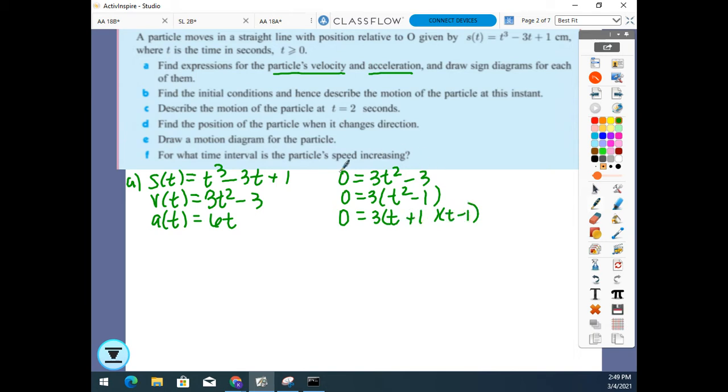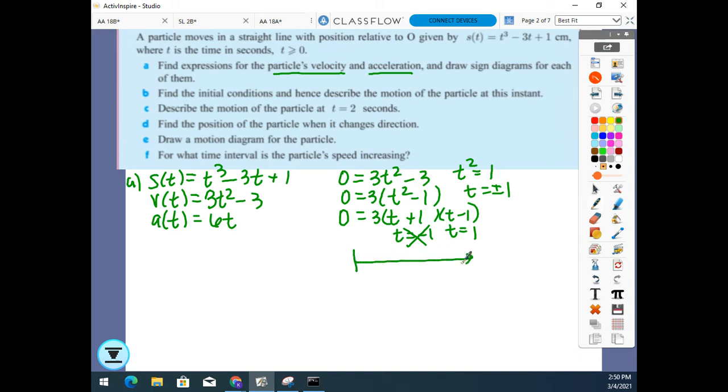Up here you could have added 3 divided by 3. t squared equals 1, so t equals plus or minus 1. So you really can get this both ways, whichever way makes better sense. The big thing is, we don't consider time of -1 because time is never negative.